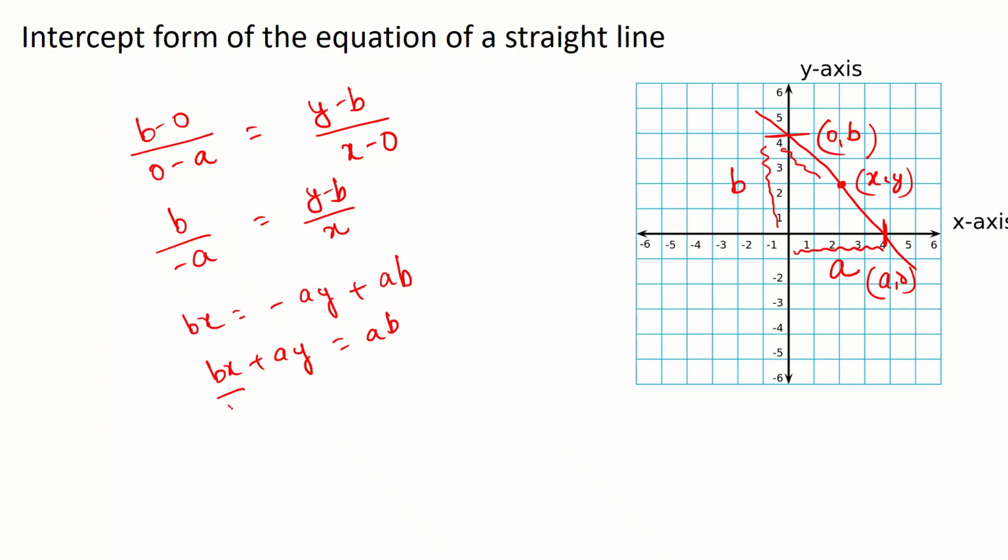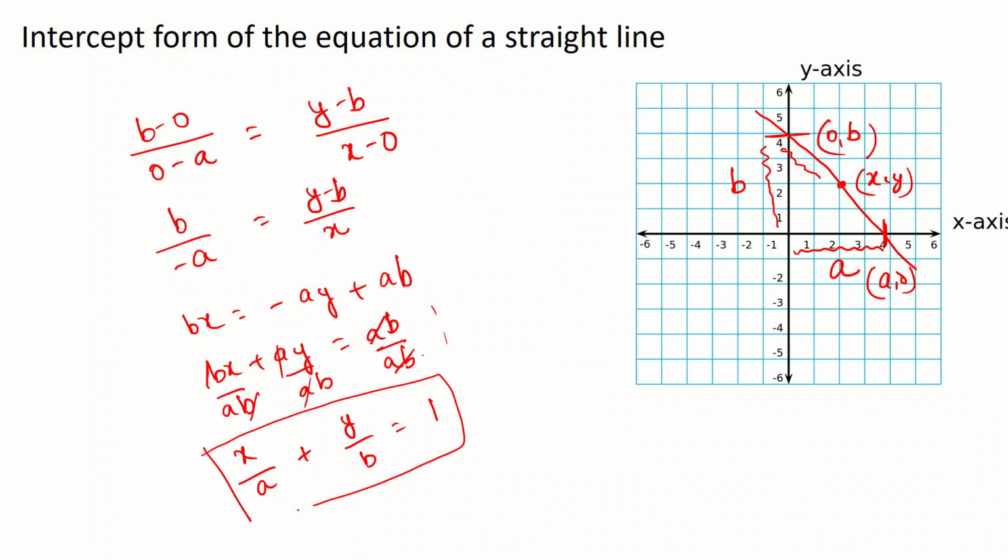I divide all of the terms by ab and see what I get. So I get x by a, because b and b cancel out, plus y by b, because a and a cancel out, is equal to 1. ab and ab cancel out to give 1. So this is the equation of the intercept form of the straight line.